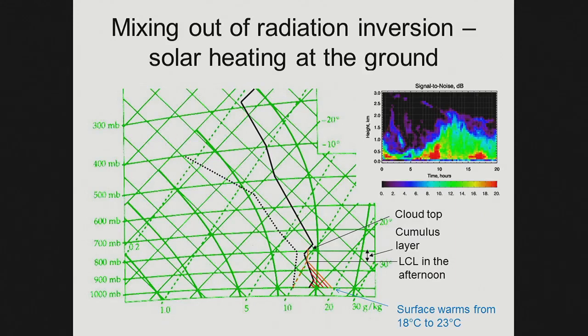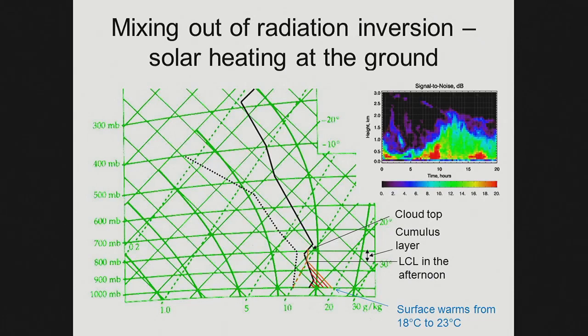So what happens is the surface of the Earth warms, and you can see these successive increases in the temperature. Now, when you start heating the surface of the Earth, suddenly the bottom little bit of the atmosphere becomes unstable. It becomes warmer than its surroundings if you lift it, and it keeps on lifting.